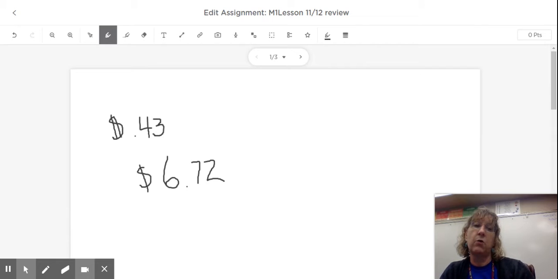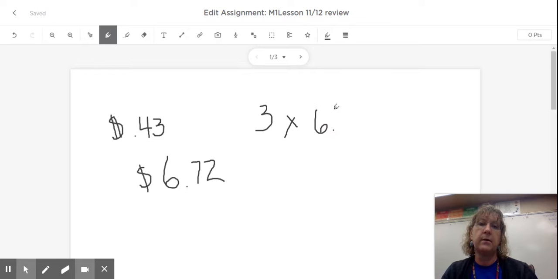We also need to look at rounding. If I said to you, we're going to take 3 times 6 and 72 thousandths, right? I'm going to have you do that, and we're going to estimate it first. Now, the first thing you would do is maybe say, well, 3 times 6 is 18.